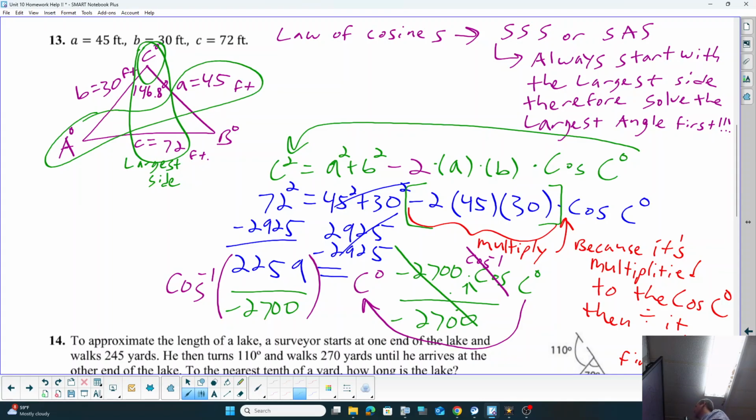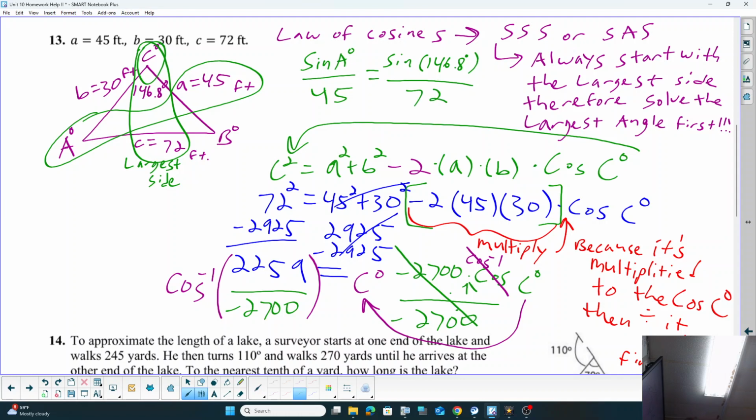Right? And use the law of sines now. So sine of A over little a, which is 45 feet, is equal to sine of the angle we just found, which is 146.8 degrees, rounded to the nearest tenth, divided by little c, which is 72 feet.